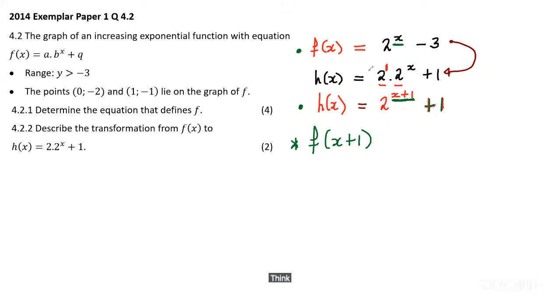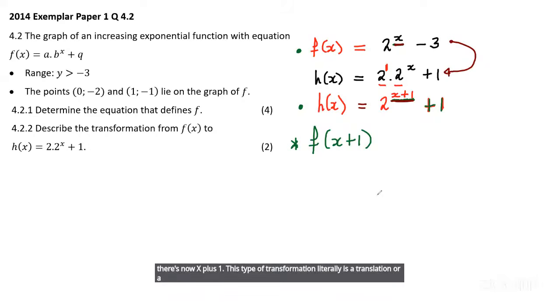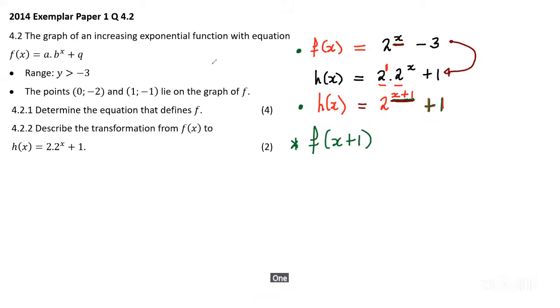Think about it. Originally, there was x in f of x. In h of x, there's now x plus 1. So this type of transformation, where there was x and there's now x plus 1, is literally a translation, a movement 1 unit to the left.